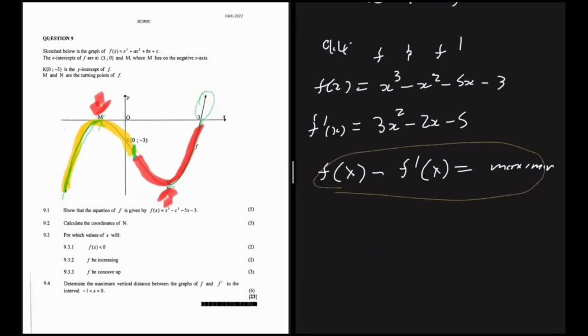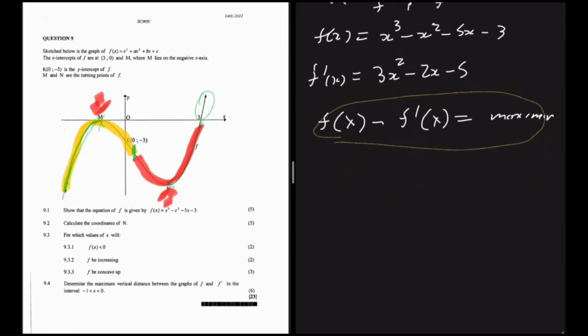We subtract the two functions, we differentiate the result and equate to 0. And then the value of x, we can sub it back in to find the vertical distance, right? This is more of an applied math, physics kind of question.